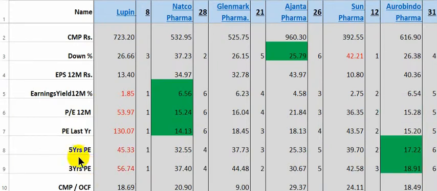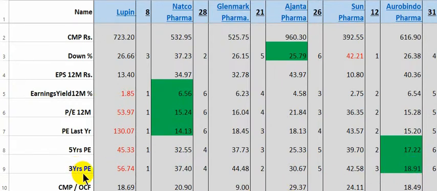Historically, if we look at both 5 years and 3 years, Lupin was at the highest price earning multiple, whereas Aurobindo over the last 5 years and 3 years was trading at the cheapest price earning multiple of just 17 times and 18 times.